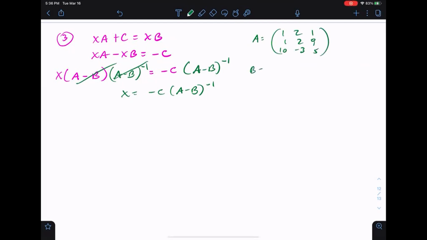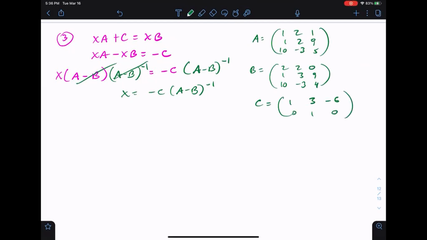B is 2, 2, 0, 1, 3, 9, and then we have 10, -3, 4. And matrix C is 1, 3, -6, 0, 1, 0. Notice that A and B are square matrices and C is a rectangular matrix, right? You have to know that.